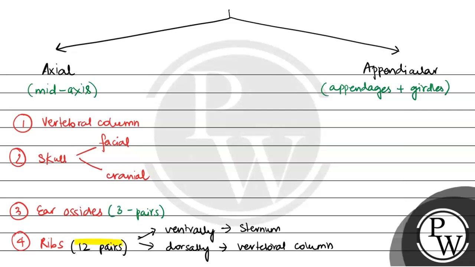Moreover, since there are 12 pairs of ribs, ये 12 pairs of ribs, they articulate with the vertebrae, but only the 12 thoracic vertebrae.